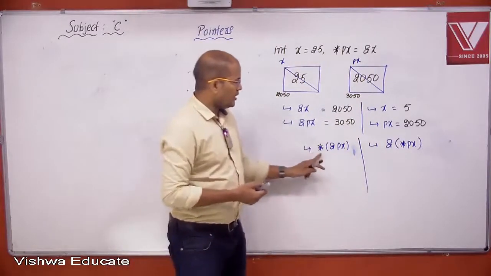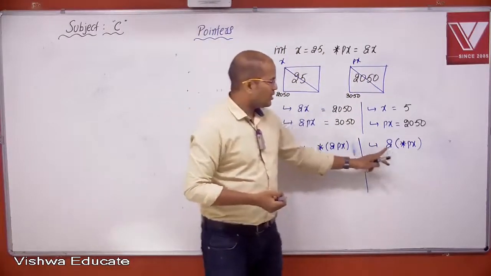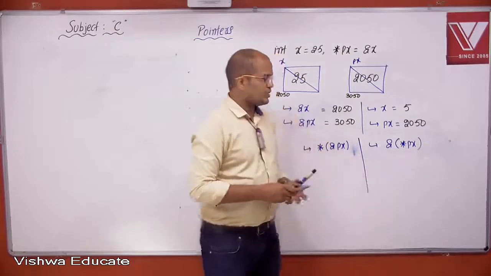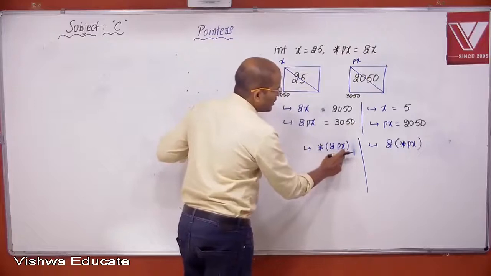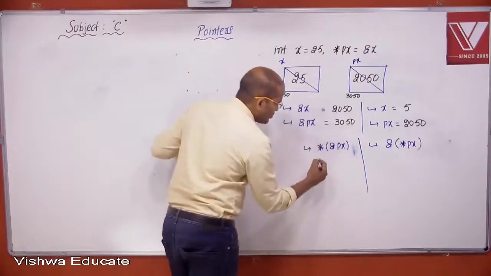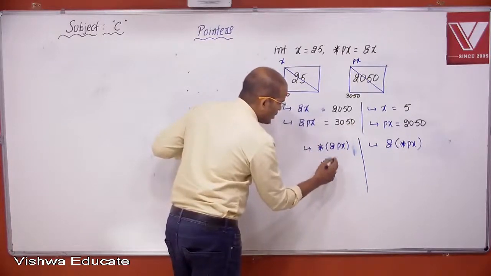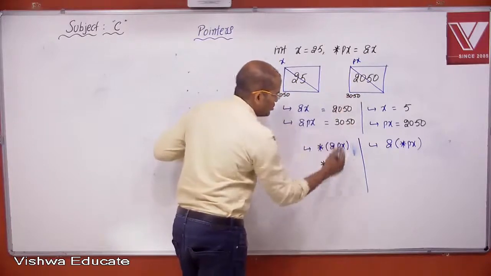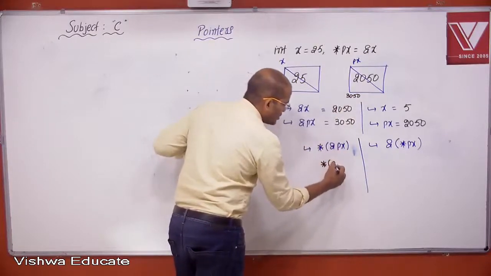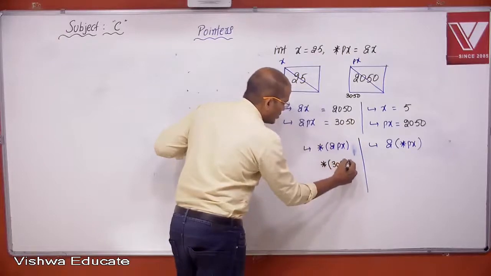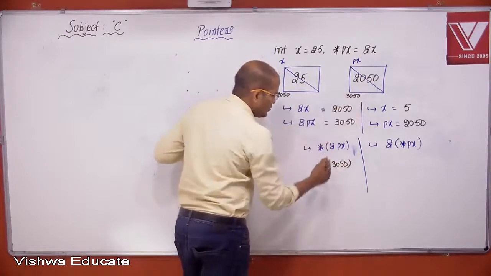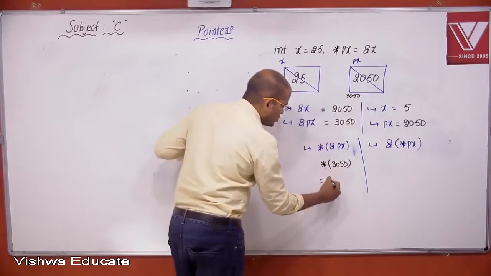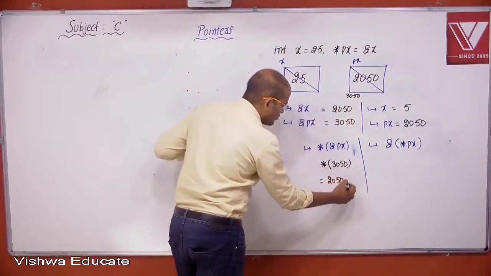Now from this story, address of px is 3050. So what is the value present at 3050? It is 2050. So the answer is 2050.